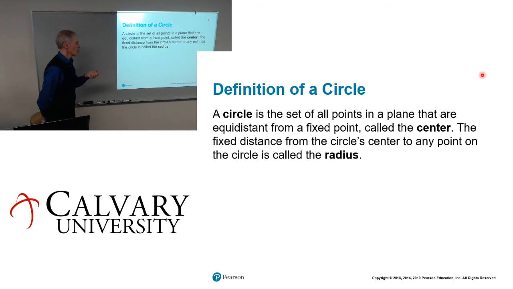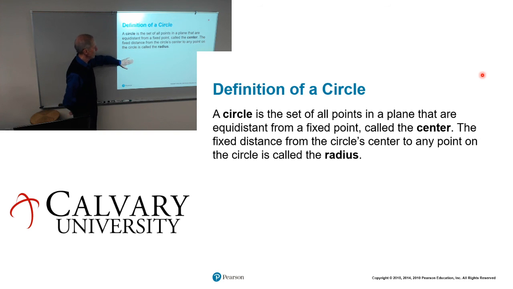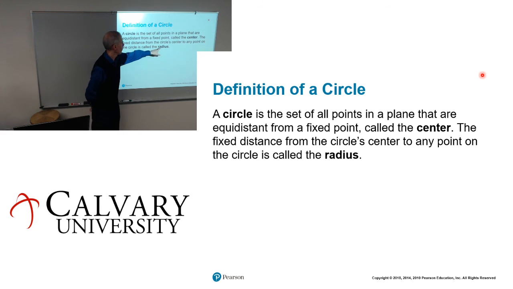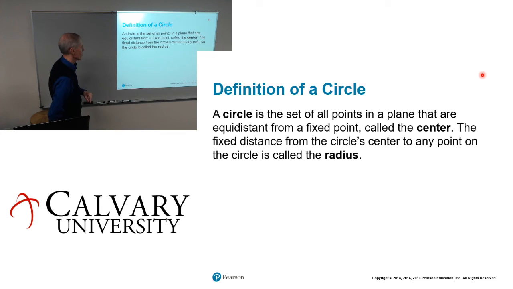Well, a circle is a set of all points in a plane that are equidistant from a fixed point. And the distance from the center to the point on the circle, of course, you know, is the radius.